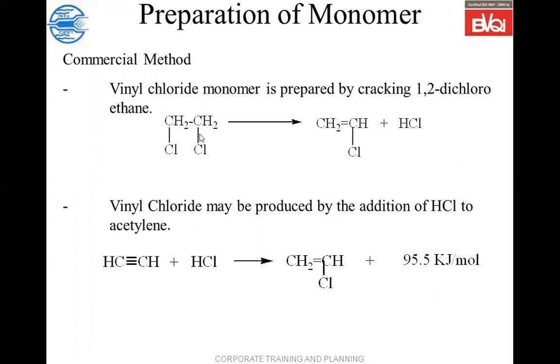The vinyl chloride monomer is prepared by cracking, or by the reaction of 1,2-dichloroethane. 1,2-dichloroethane also undergoes dehydrohalogenation. That means HCl is removed from the reactant, or the substrate, and forms vinyl chloride. The vinyl chloride may also be produced by the addition of HCl to acetylene.